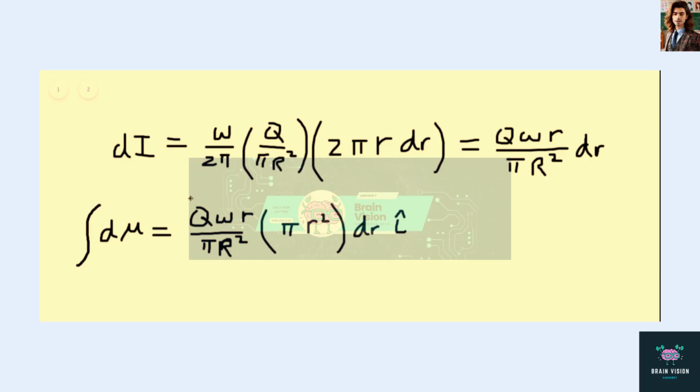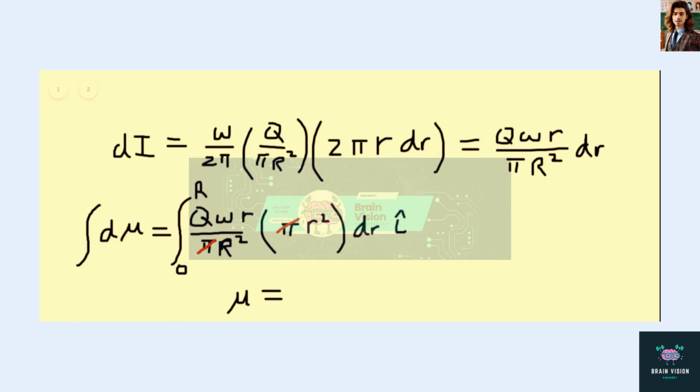So if we integrate both sides here, we integrate that side and we integrate this side. This side's getting integrated from 0 to the total radius here, big R. So what we find is mu, magnetic dipole moment, is equal to, well, if we go back to our expression above, let's simplify it before we take the integral. So that pi is going to cancel with that pi. And the two r's on top become r cubed.